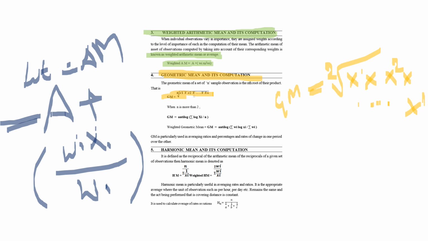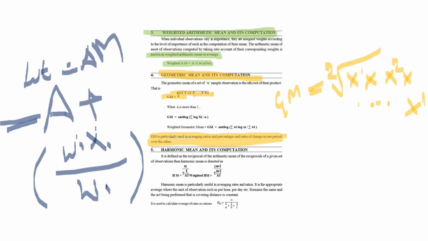When n is more than 2, GM is the antilog of sum of log xi divided by n. The weighted geometric mean is equal to the antilog of sum of wi log xi divided by sum of wi. GM is particularly used in averaging ratios and percentages, and rates of change from one period to another period.